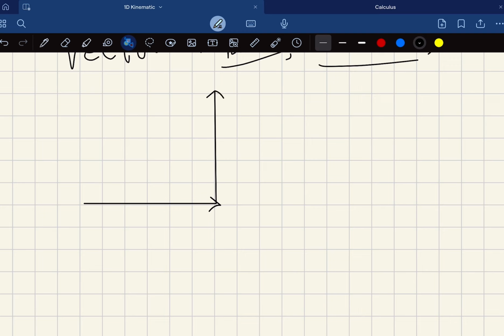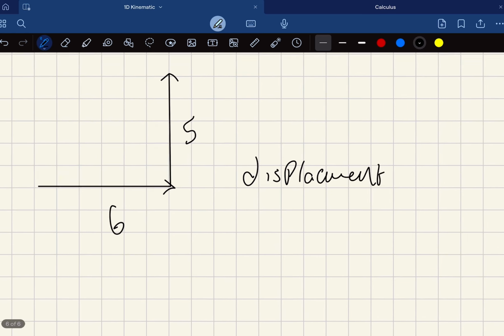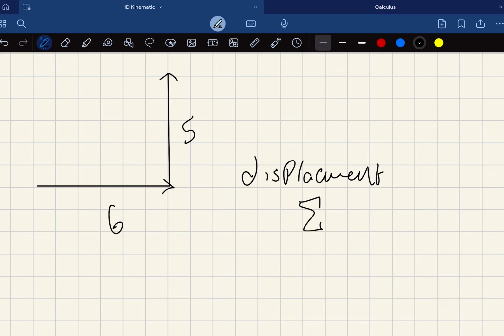So what would be your resulting displacement? Now you may think that since this side is 6 and this side is 5, that displacement would just be 6 plus 5, or the sum of the displacements.